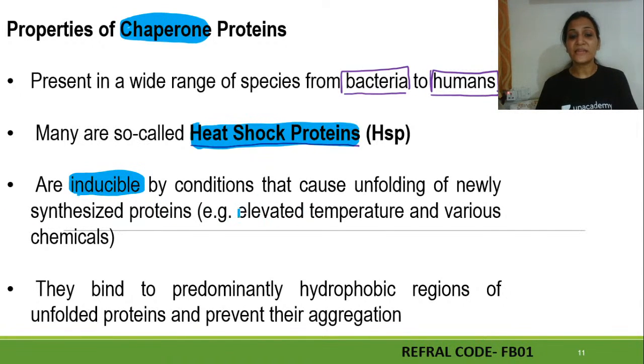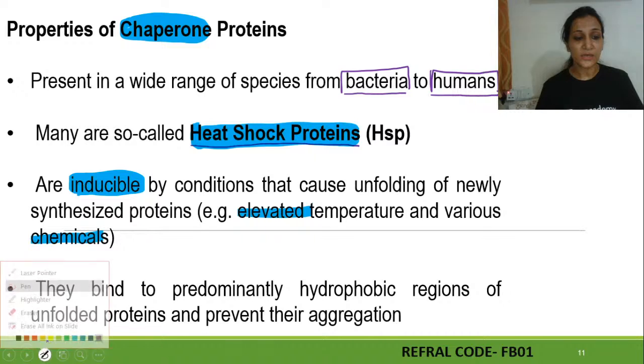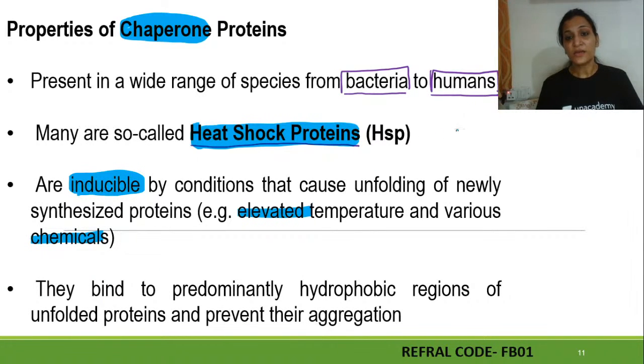For example, when there is elevated temperature or certain kinds of chemicals, these heat shock proteins will start acting and rescue the protein molecules which are on the verge of unfolding or denaturation. So let us take a pen and start understanding this in detail. If this is a kind of protein and there is a high temperature, this protein will start changing into some other form, like this.